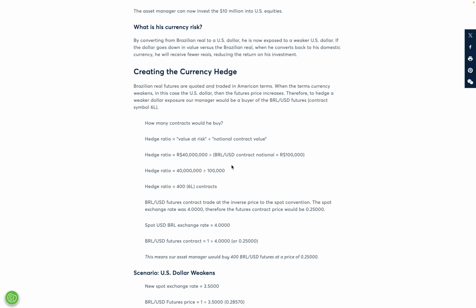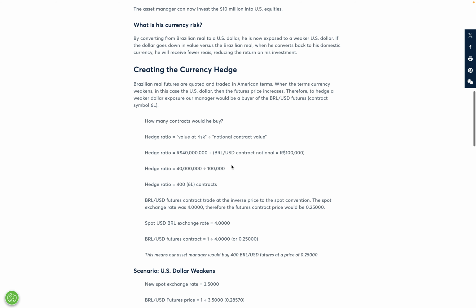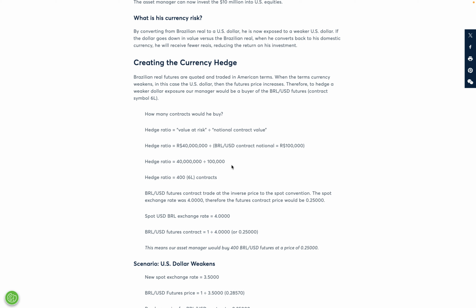Okay, this is the part that I do not understand. So here's 40 million real. What I don't understand is why it doesn't break it up into two and then. Oh, never mind, I understand now. So that's his account balance. This is the one trade he's going to take as a hedge.